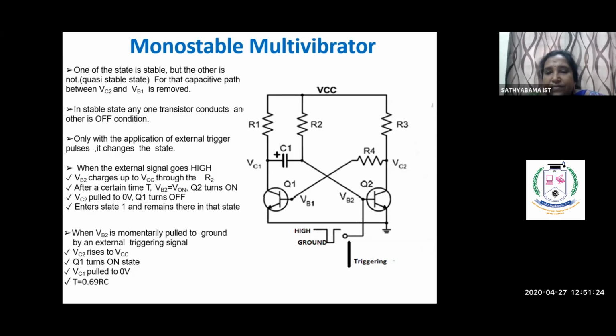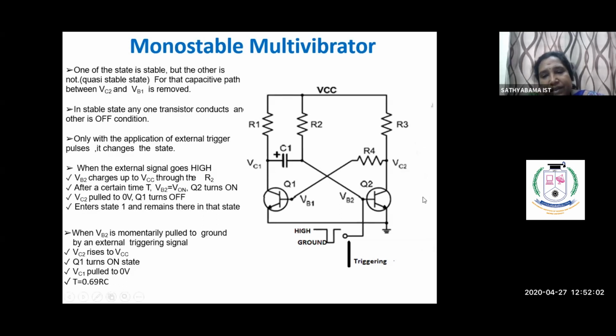If we apply an external trigger, it is connected to VB2, so VB2 charges up to the VCC voltage, which produces the voltage to turn on transistor Q2. So VB2 on means transistor Q2 is switched on, and the output VC2 pulls the other transistor from the on condition to the off condition.